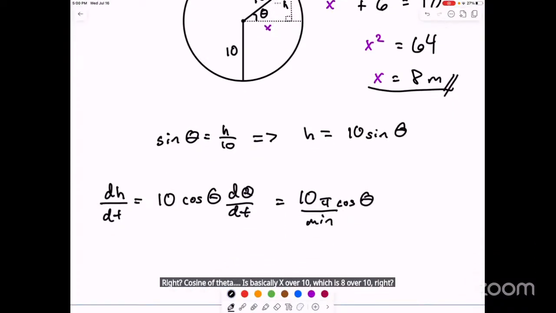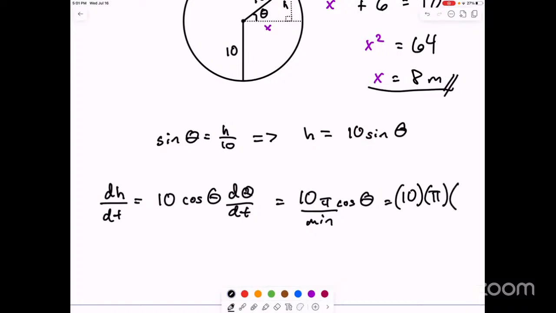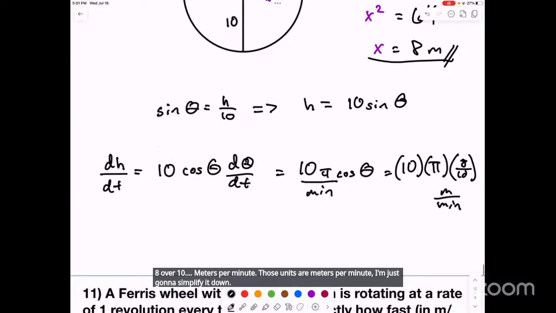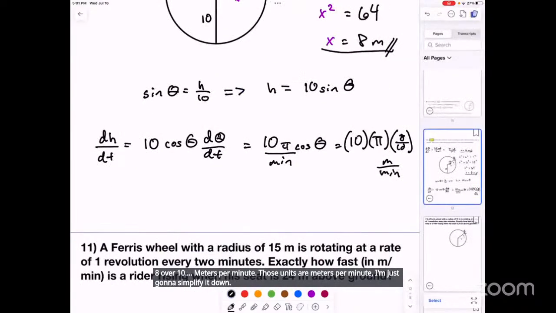So I think we got all the parts. So then that should be 10 times pi times 8 over 10 meters per minute. Those units are meters per minute. We're just going to simplify it down.